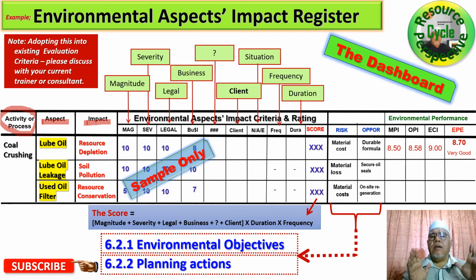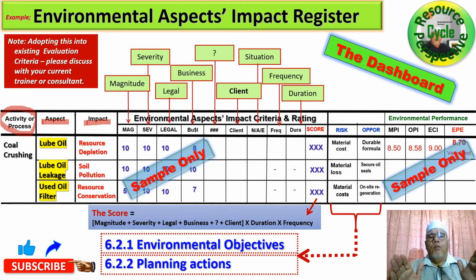So these are the two most important columns that you have got to arrange in this way in order to have a nice dashboard, because this is the table that we need to present to top management and external auditor for them to understand what we are managing as far as environmental aspects are concerned, and what our position and our constraints are can be reflected here.